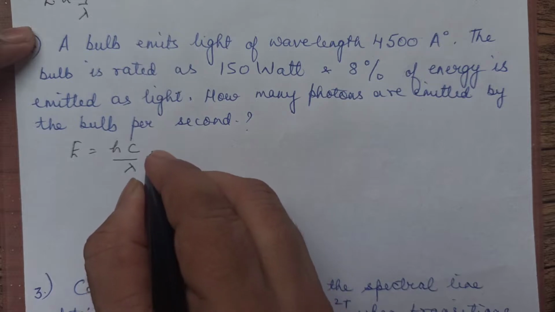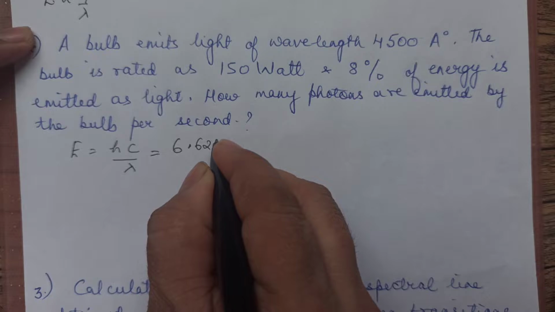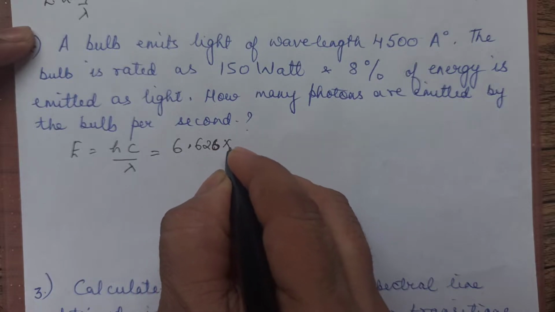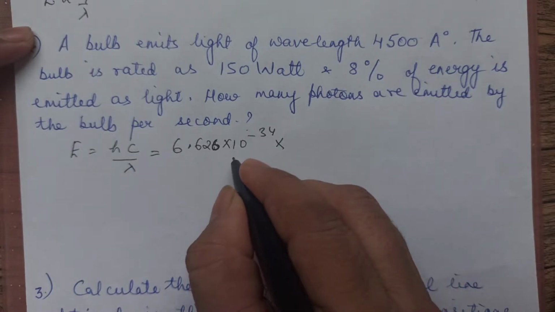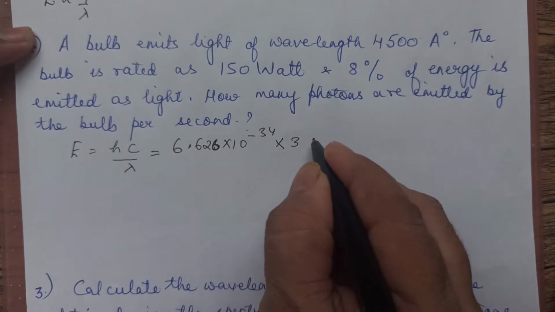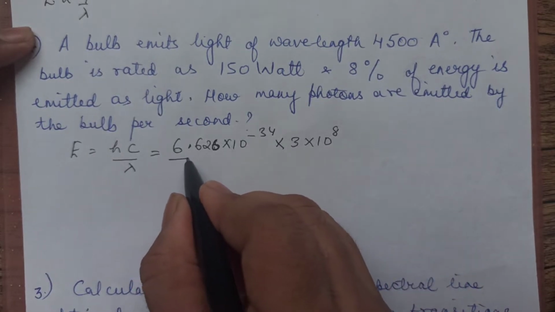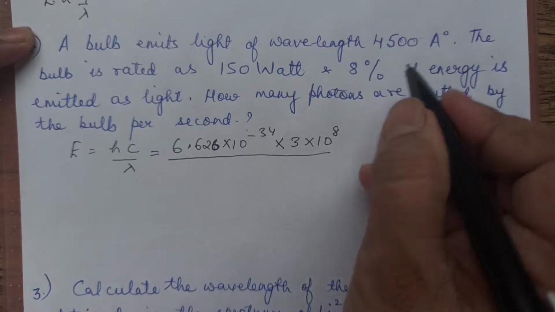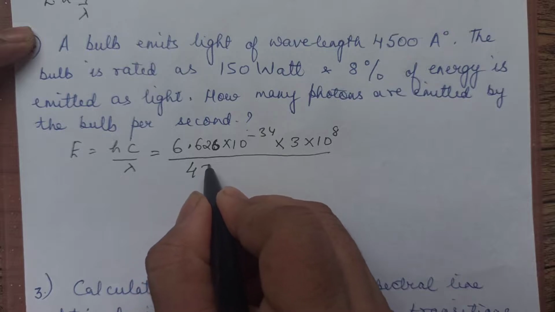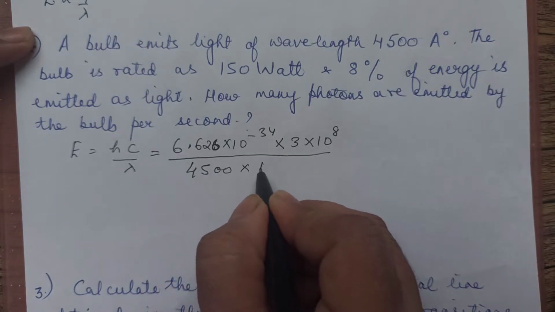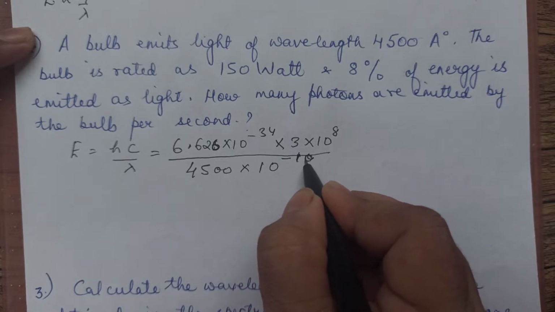So I will be using h value as 6.625 or 626 into 10 to the power minus 34 joule second. This is c, 3 into 10 to the power 8 meter per second. Now we know that 1 angstrom is 10 to the power minus 10 meter. So I will convert 4500 multiplied by 10 to the power minus 10.